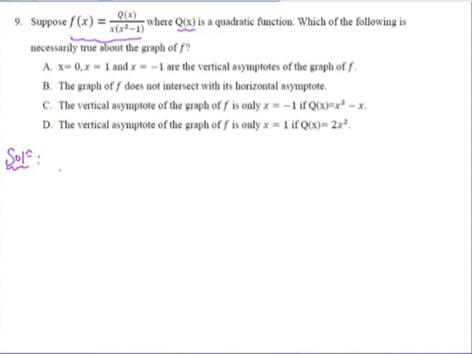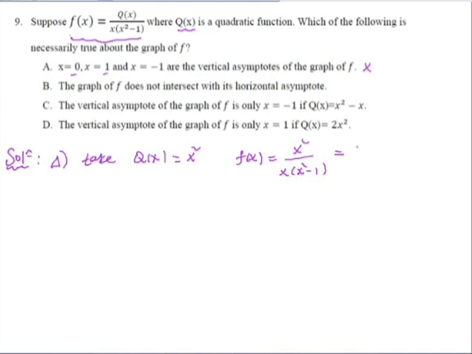So let's check the statement in A. It says 0, 1, and -1 are the vertical asymptotes of the graph. This is not necessarily true, because if I take q of x as x squared, the function f of x will be x squared over x times x squared minus 1.